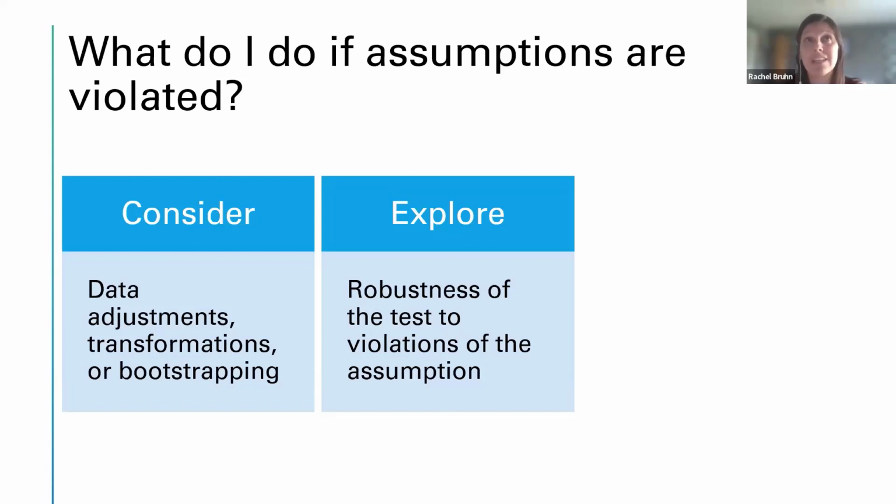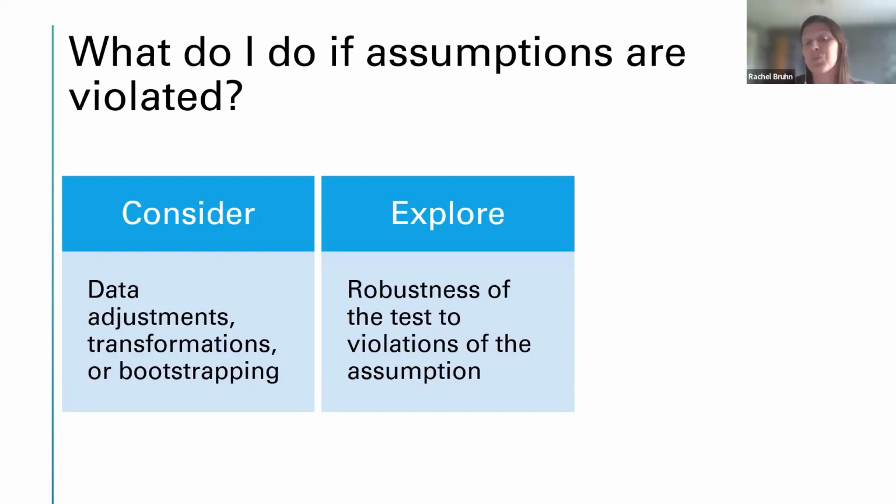So if the test is robust to the assumption, essentially that means there can be some violation of the assumption and the results will still come out the same. And generally that's okay. There is not a cutoff point. There is no rule that says it's robust to this point and then it's no longer going to be appropriate.